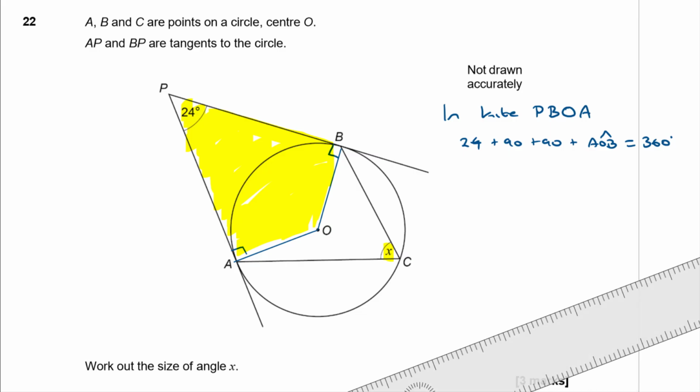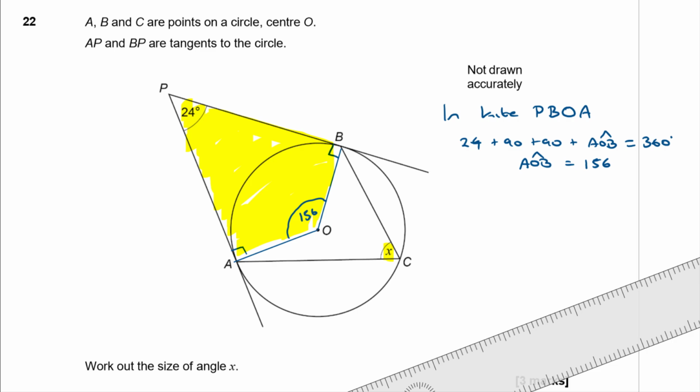So adding the three other angles together, 90 and 90 make 180 plus 24 is 204. So take that away from 360. That means angle AOB is going to be 360 minus 204, which is 156. Okay, and that's that angle there, isn't it?